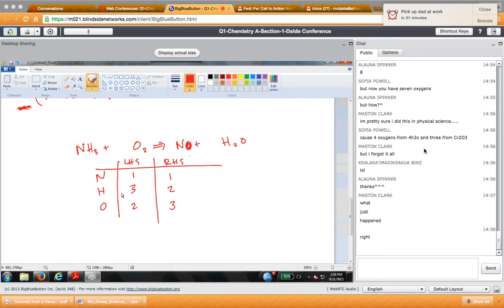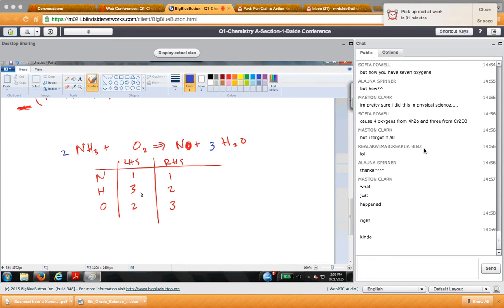In order to balance out the hydrogens, I would need to multiply this by 3 and this by 2. Does that make sense? Because if I multiplied this by 2, this would make this thing 6, and this would make this thing 6. Are we cool?